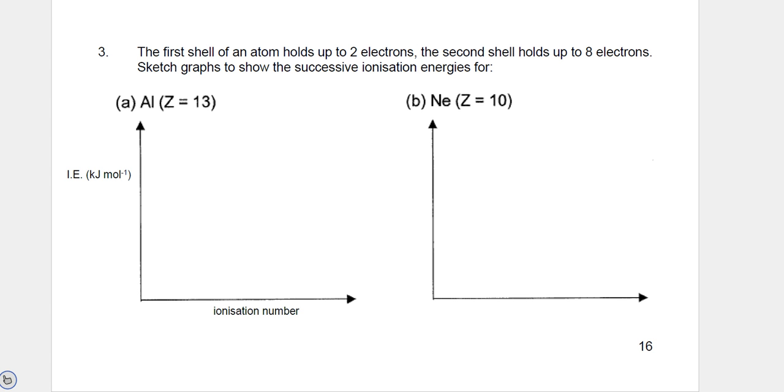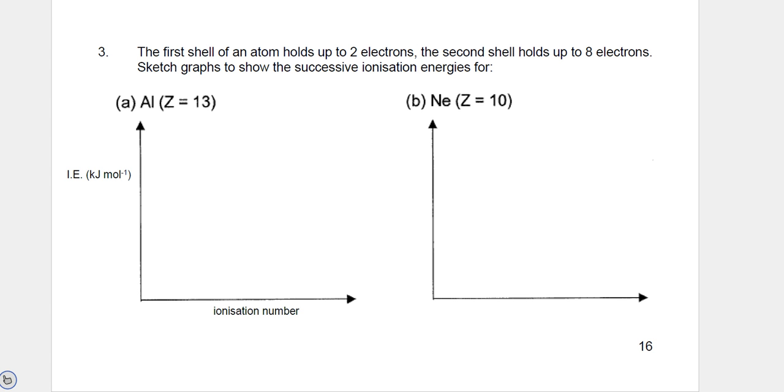The second holds up to 8, and so on. So aluminium, 13 electrons to remove. What I would suggest you do is think about the electronic configuration of the element. Well, for aluminium, we've clearly got 3 electrons in the third energy level, 8 electrons in the second, and 2 in the innermost.